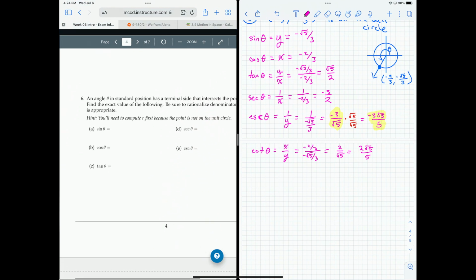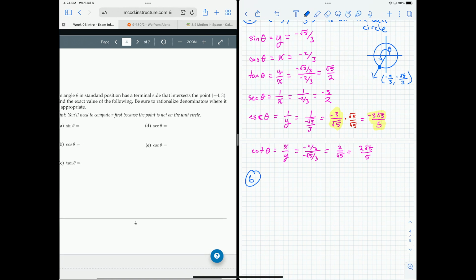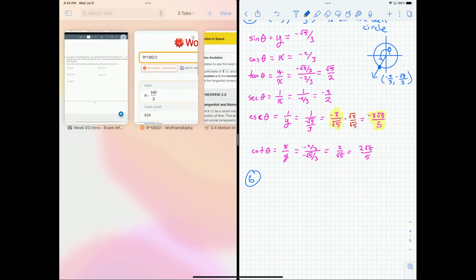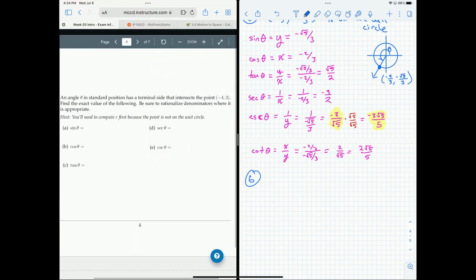Number 6. Okay. Now this time, number 6, we're given a point. The point negative 4, 3 is not on the unit circle.